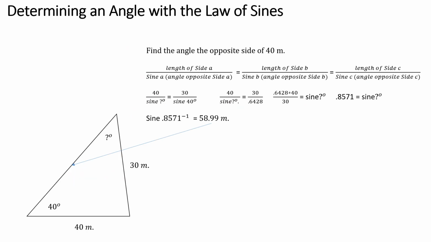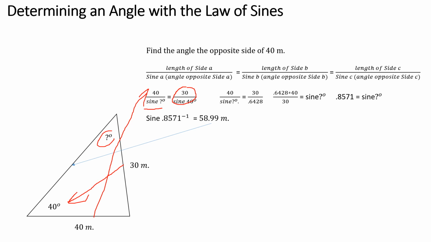Let's do another one here. Now I've got two sides and an angle of 40 degrees. So we can figure this out with the law of sines, not only what the other angle is, but the other side as well. I know 40 degrees is opposite the side of 30 meters. So I set that up: 30 meters over sine of 40 degrees equals 40 meters, this one right here, over the sine of this unknown angle.